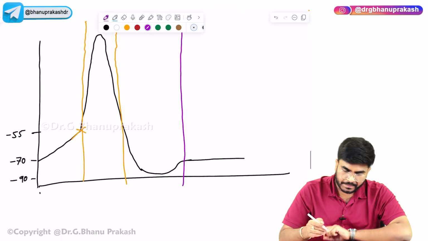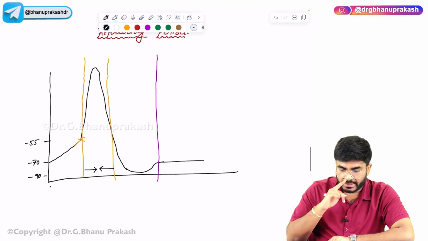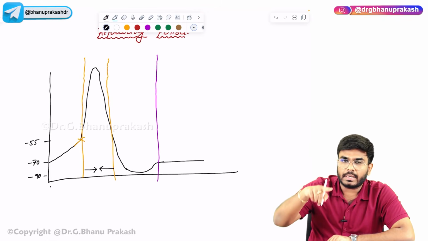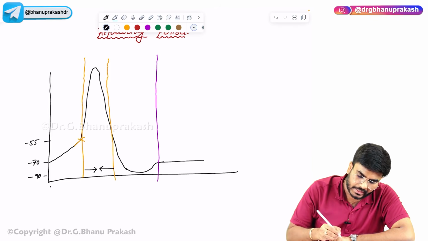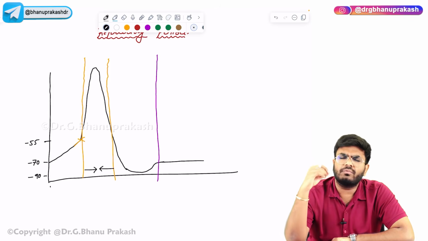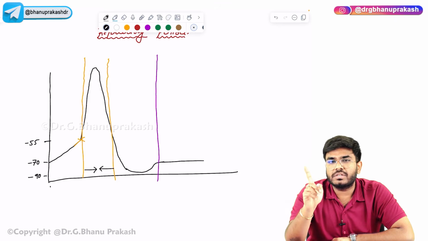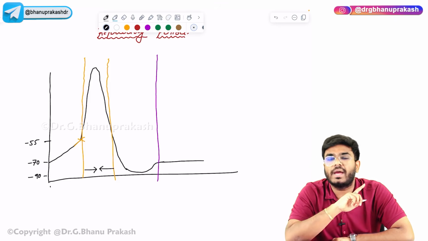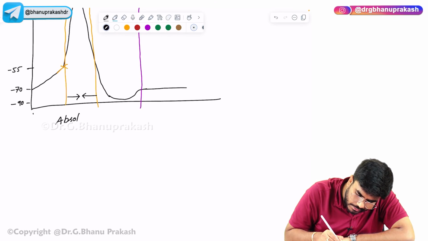During this initial period, there is depolarization and repolarization. If you stimulate this neuron again during this period, however hard you give the stimulus, a new action potential is not going to be generated. So this period is called the absolute refractory period.